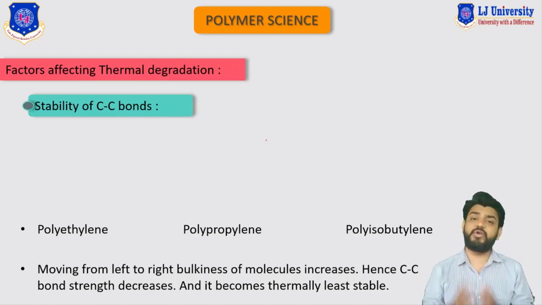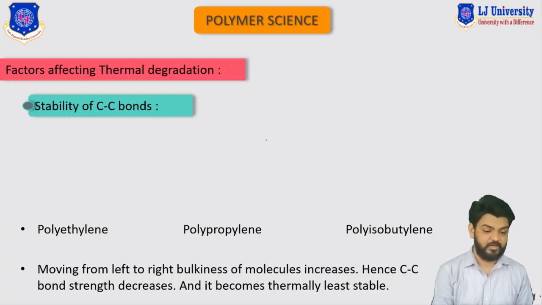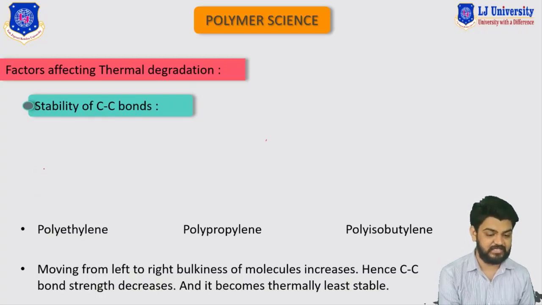In order to understand this, I want to show you three examples: polyethylene, polypropylene and polyisobutane. Let me take a pen to explain this concept of stability. You can see here that we have the polyethylene structure like this. There are two carbons here.